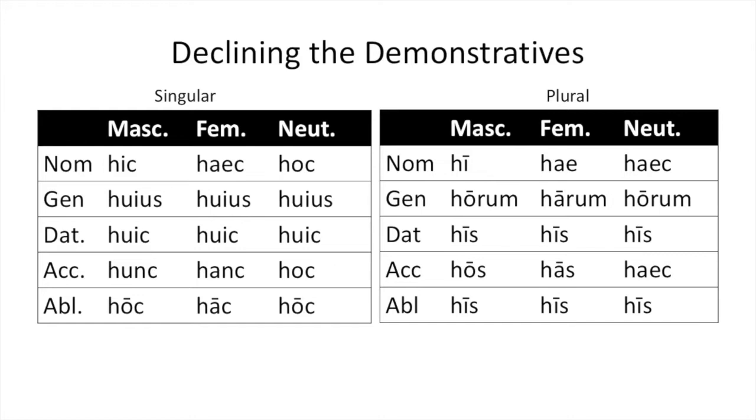And over time, the CE just got shortened to a C on this demonstrative adjective. That ending is not in the plural except for our neuter nominative and accusative plural. Once you have all of these copied out, resume the video for the forms of our next demonstrative.